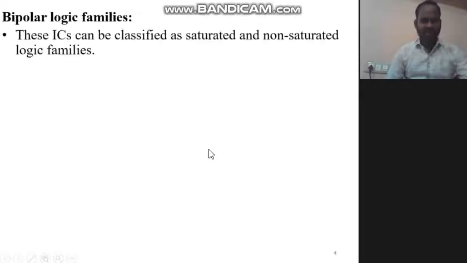Bipolar logic families. These ICs can be classified as saturated and non-saturated logic families.